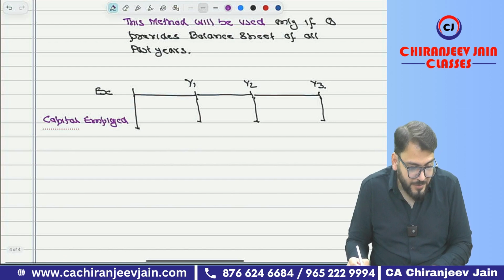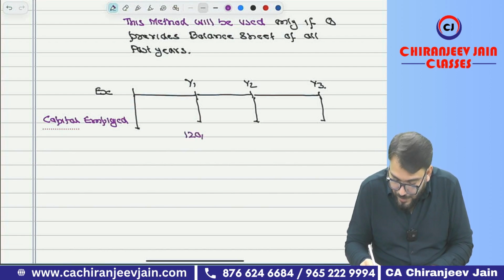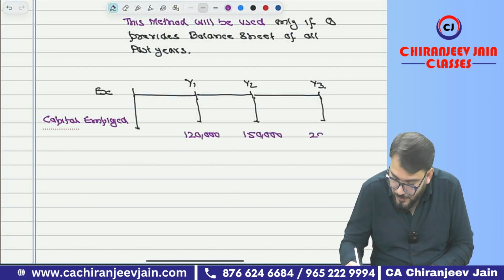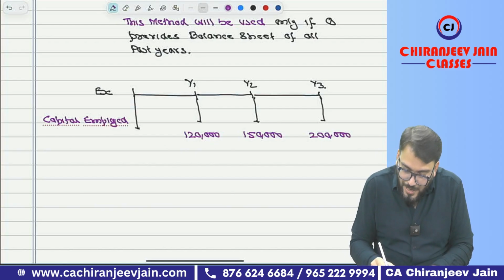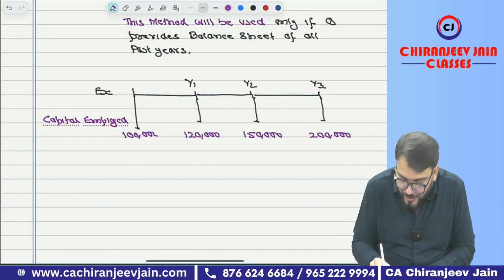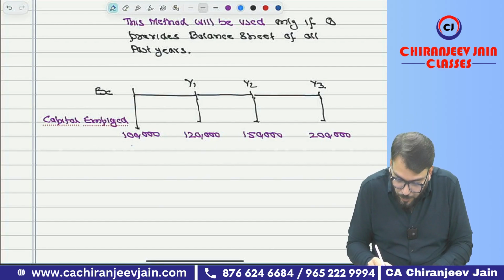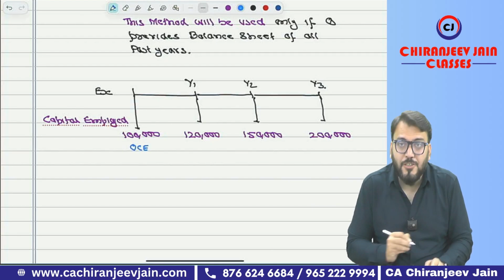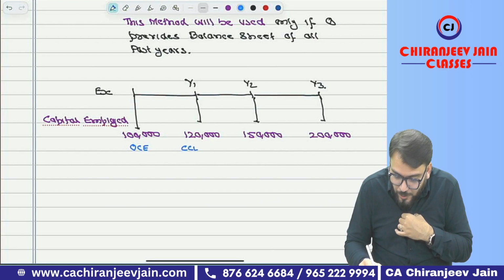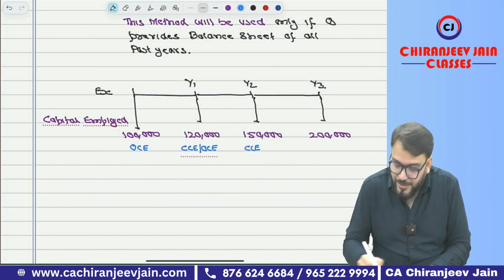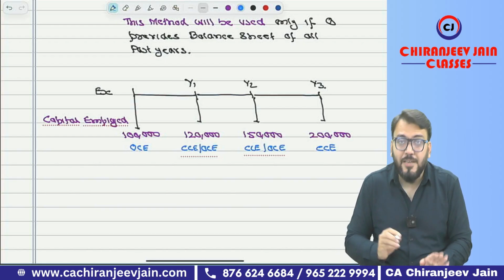Suppose it is given as 1,20,000, 1,50,000 and 2 lakh. And we also have the opening capital employed of the first year. So these are the information given. So this becomes the opening capital employed of the first year, and this is the closing capital employed of the first year, and this will become the opening capital employed of the second year, and this will become the closing capital employed of the second year. This will become the opening capital employed of the third year, and this is the closing capital employed of the third year. Are you getting what I am saying?